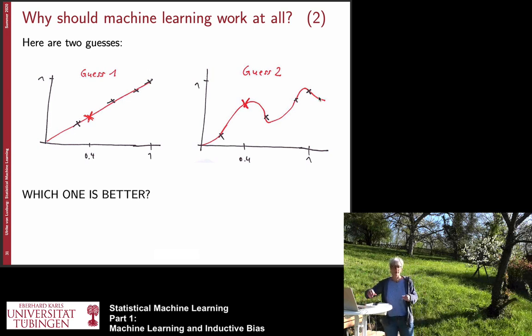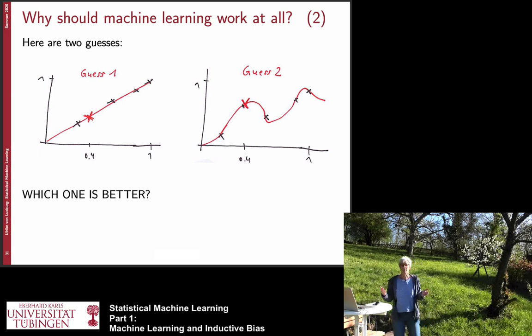Maybe for some reason you don't think it's a linear function. You come up with a more complicated function which goes up and down and up and down. Like the other red function, it also fits your existing data very well. But if you would use this function to predict, you would get a different prediction. The prediction for 0.4 would maybe be 0.8 as your output value.